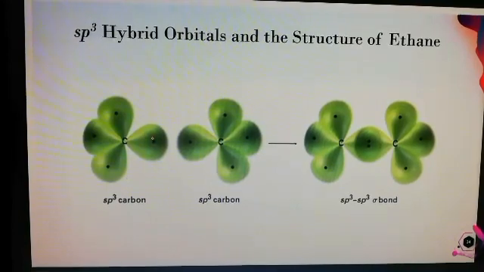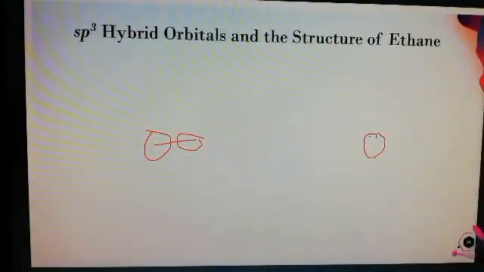Imbes na hydrogen ang mag-bond dito sa isang orbital niya, the second carbon shared its electron doon sa ating first carbon. So this covalent bond is a sigma bond kasi sa top or sa head part siya ng lobe ng fuse. Ayan, ganyan siya.